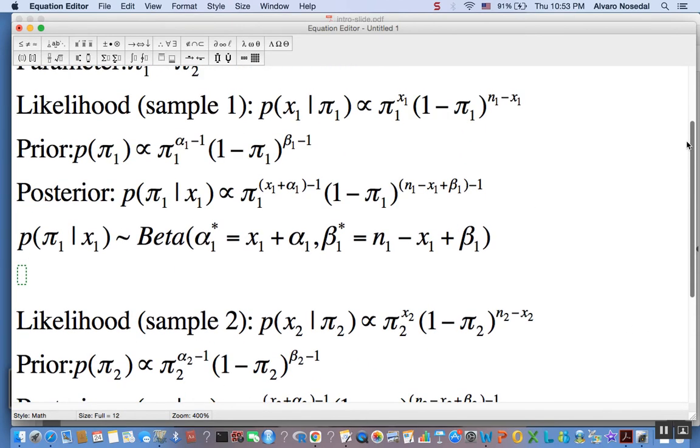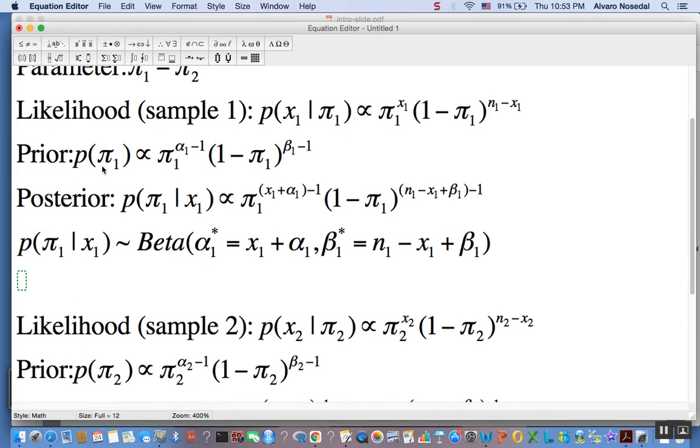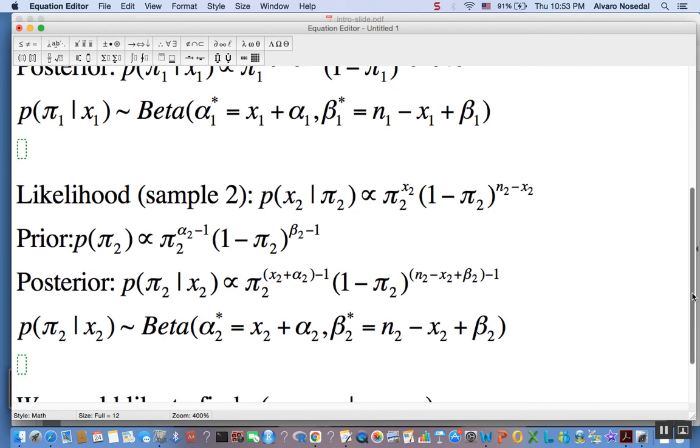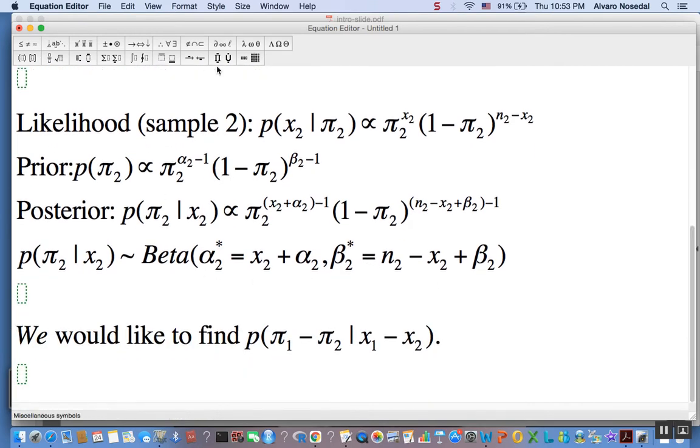We have independent priors and independent samples, so these posterior distributions are independent, and they have a beta distribution. So one may think, hey, maybe the linear combination of beta distributions is beta, right? Well, that is not the case, unfortunately. Think about the counterexample.